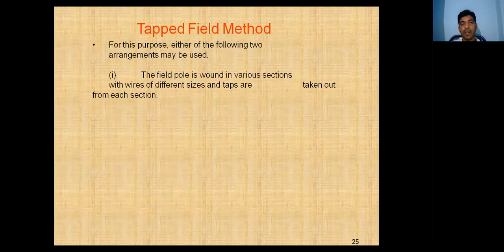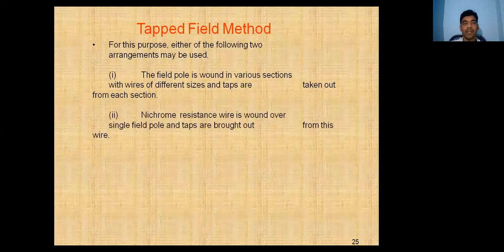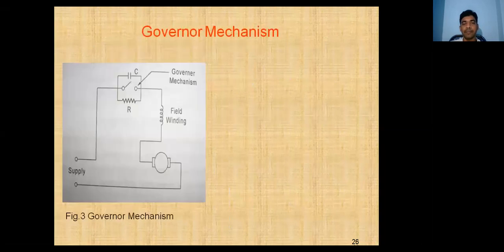Or, Nichrome resistance wire is wound over a single field pole and taps are brought out from this wire.